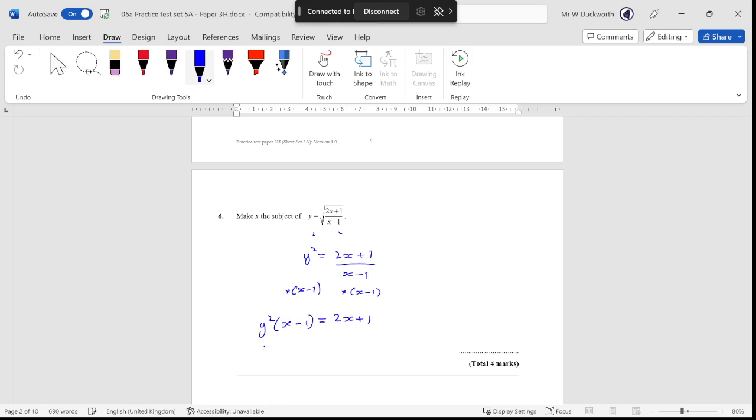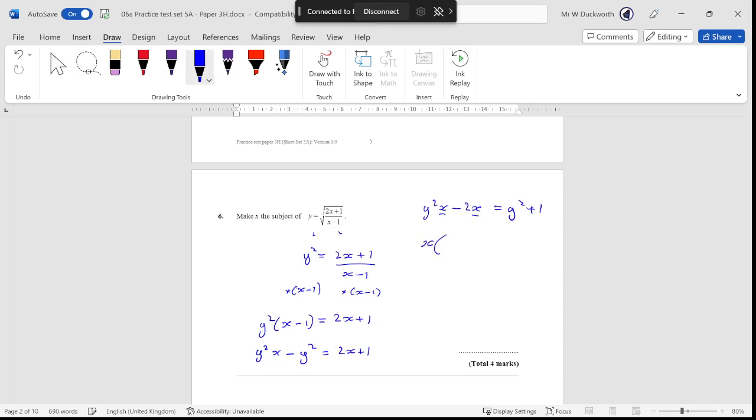If I then multiply out the bracket, that would give me y squared x minus y squared is equal to 2x plus 1. Then if I take all my x's over to the left-hand side and everything else over to the right-hand side, that would give me y squared x minus 2x is equal to y squared plus 1. Then I needed to factorize by taking x out as a common factor.